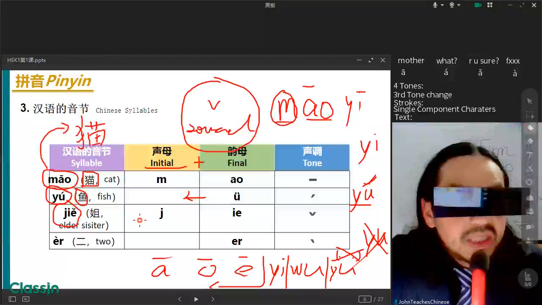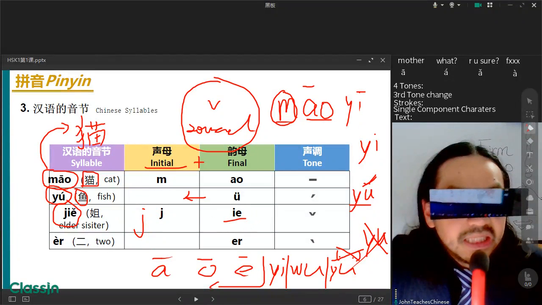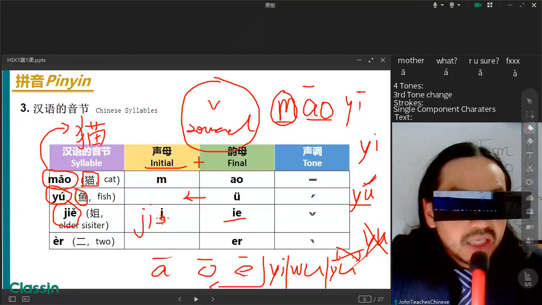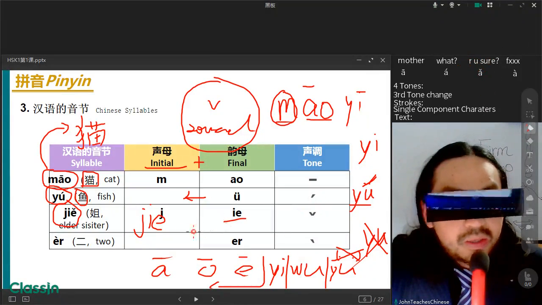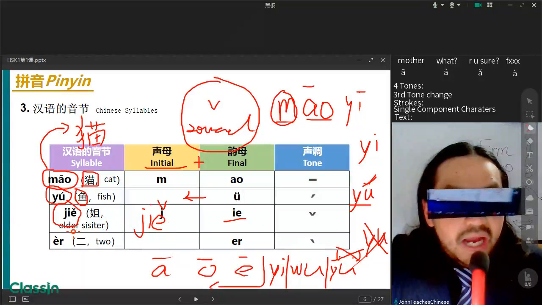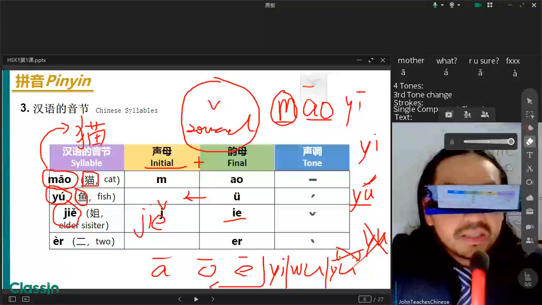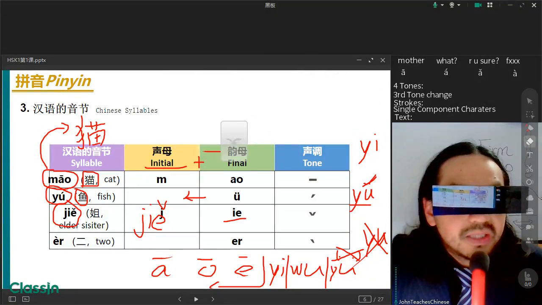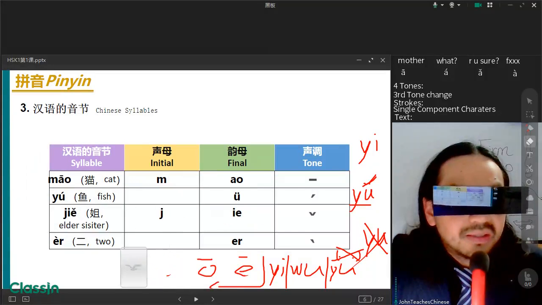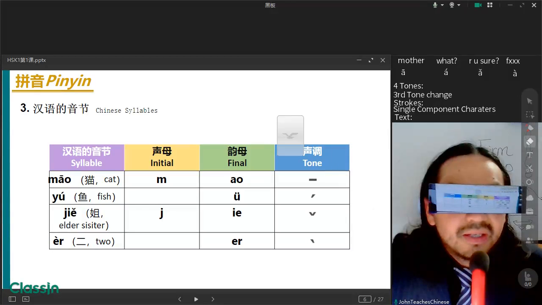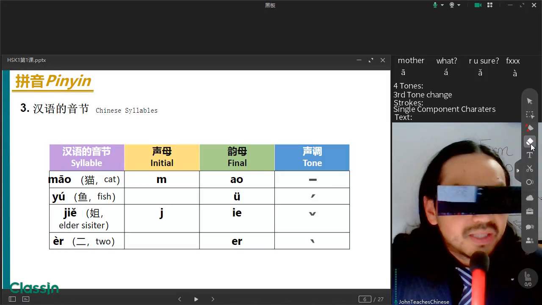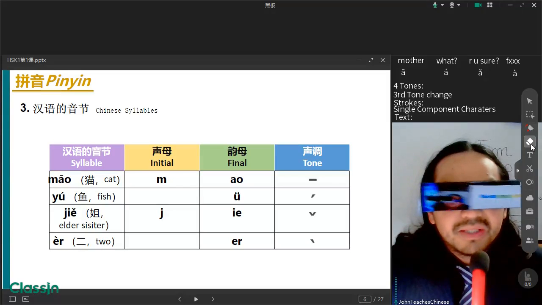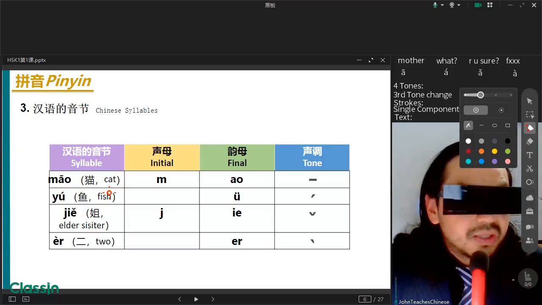Okay, j plus ie gives jie, and then the third tone. Jie, which is your elder sister. As you know, in Chinese, when you are calling your siblings and relatives, it is very complex. Your aunt, relatives from different sides, your father's brother, your mother's brother, everything has its particular name.